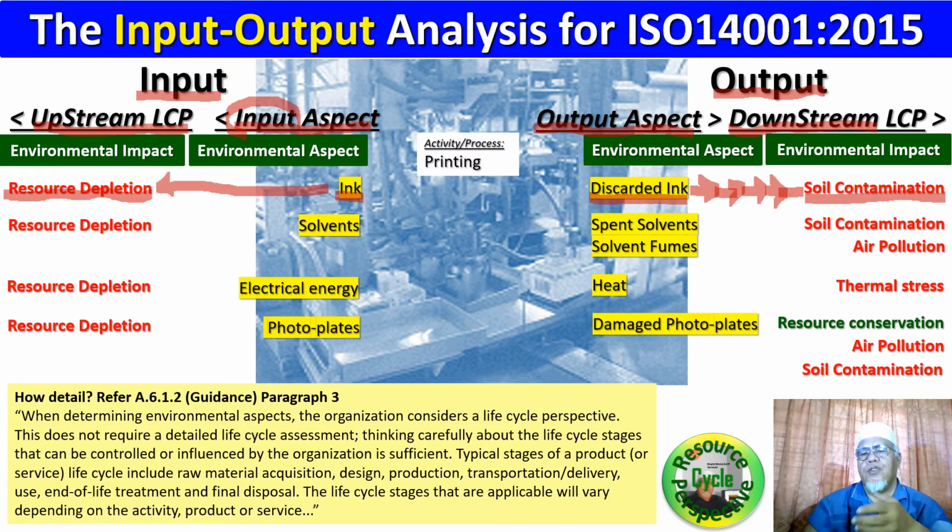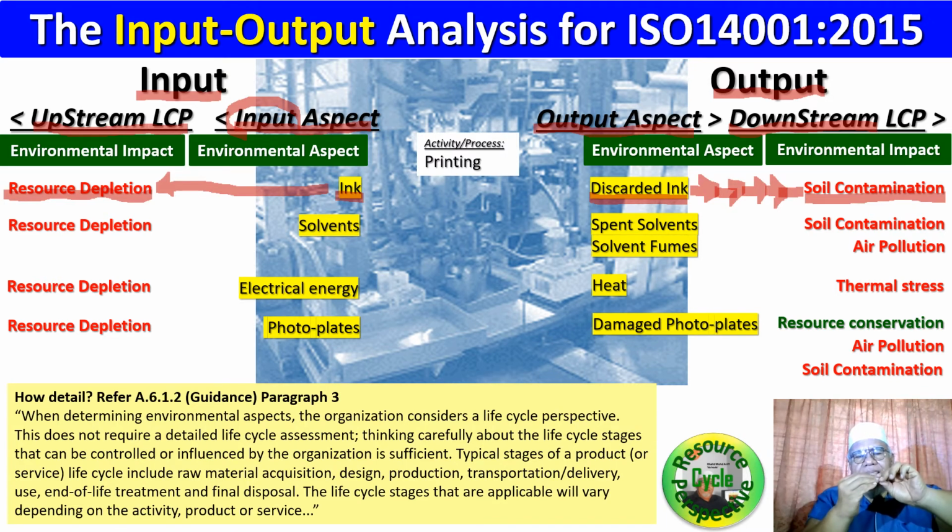So that is the idea of input-output analysis, by looking at our aspect from its life cycle perspective. And remember, if it is an input aspect, we have to go upstream to determine the impact to the environment, which is normally resource depletion.